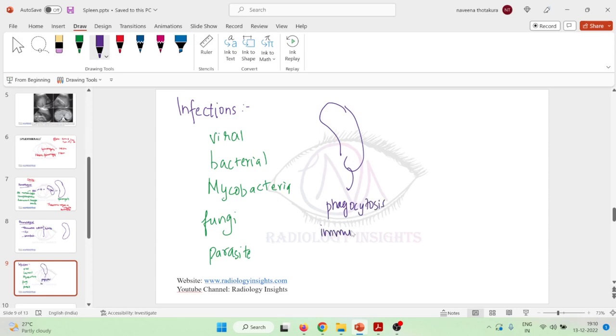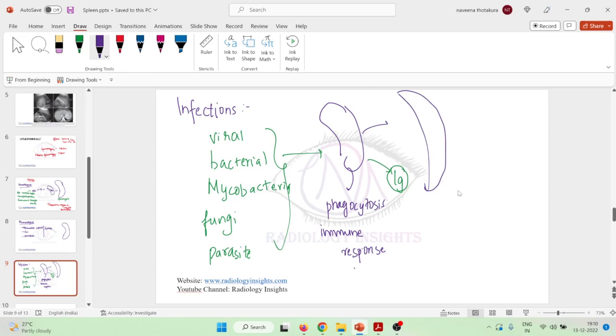So whenever there is any type of infection, the spleen has to produce more and more immunoglobulins to tackle these infections. In response, the spleen increases in size, resulting in splenomegaly.